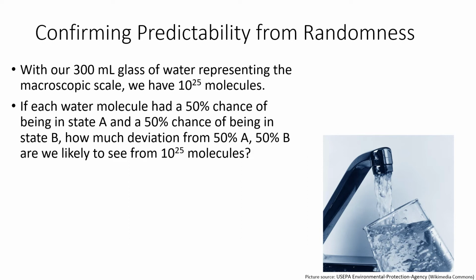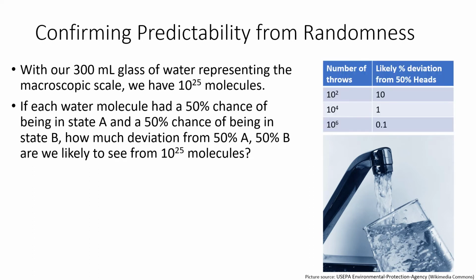A bit like tossing a coin, suppose there were 2 possible states of the water molecule, state A and state B, and there was a 50% chance, completely randomly, that a molecule was state A or state B. So it's just like tossing a coin. Then if you were to make measurements on the water molecules, how much deviation would you get in measuring whether it was state A or state B? It's the same type of problem. We're just considering the molecules to be like coin tosses.